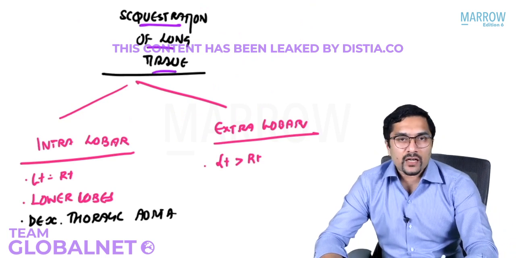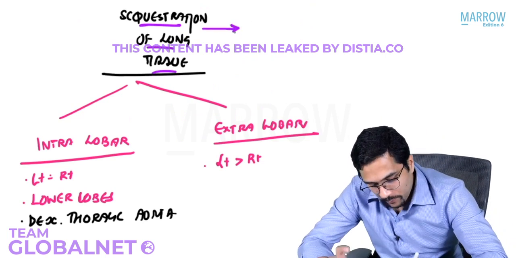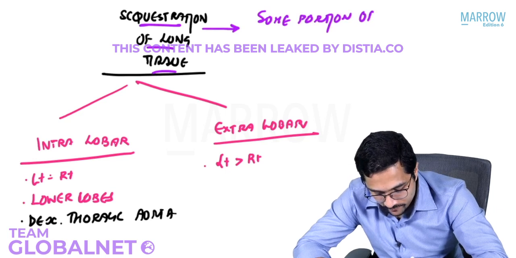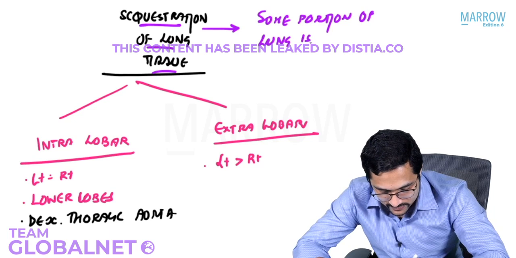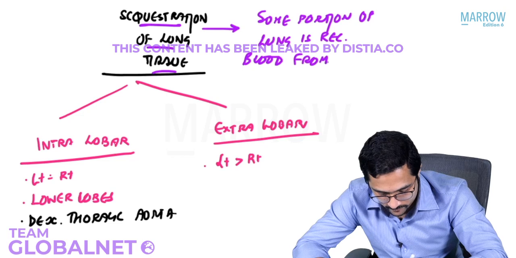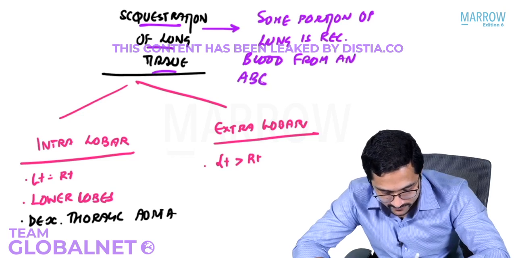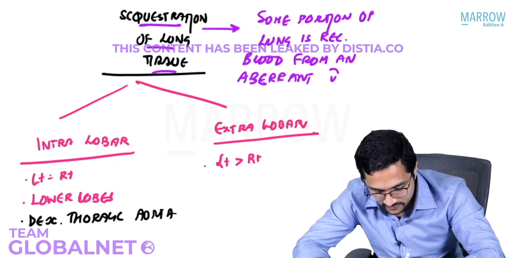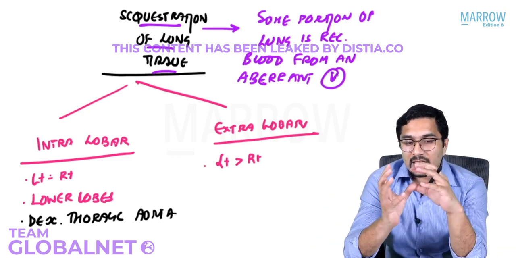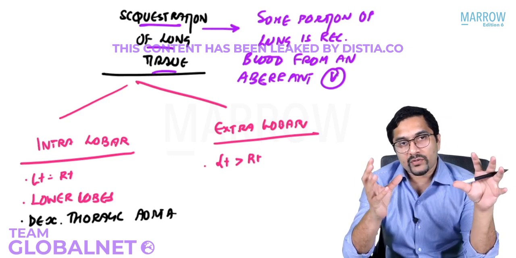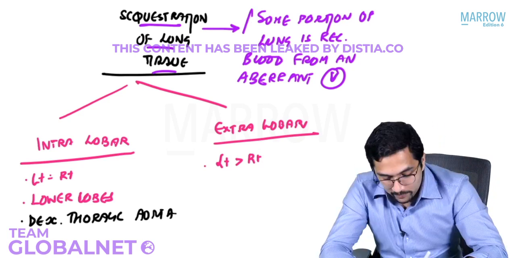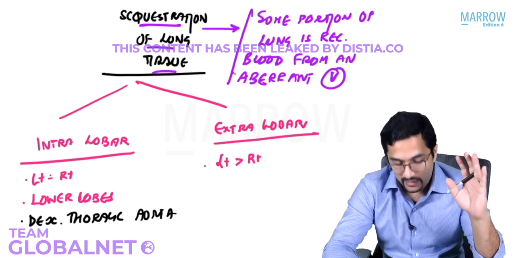Sequestration of lung tissue means when some portion of the lung is receiving blood from an aberrant vessel arising from the thoracic aorta. So this is an embryonic problem where some amount of tissue has been sequestered, and this tissue is receiving blood from an aberrant vessel but which is coming from the thoracic aorta only.